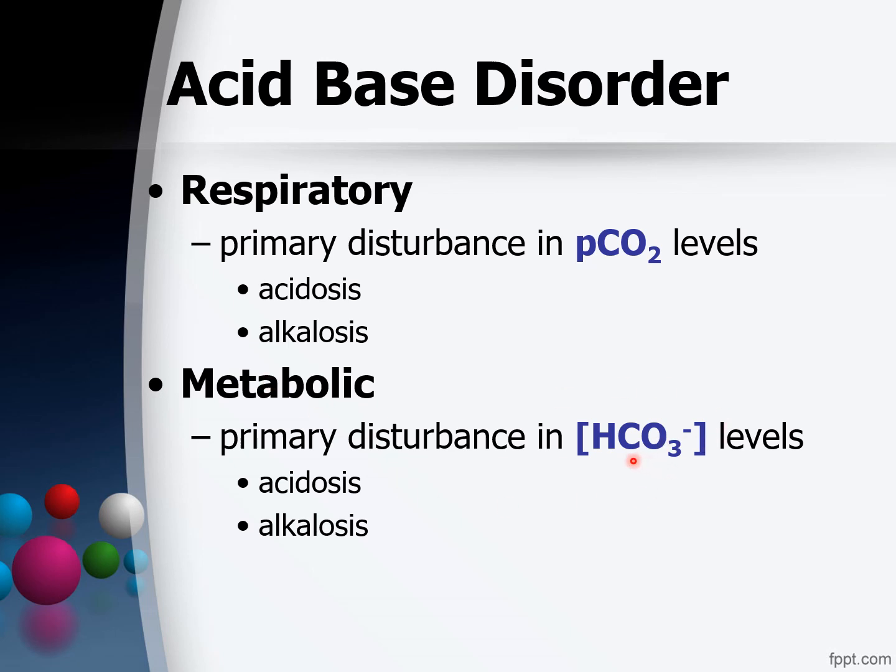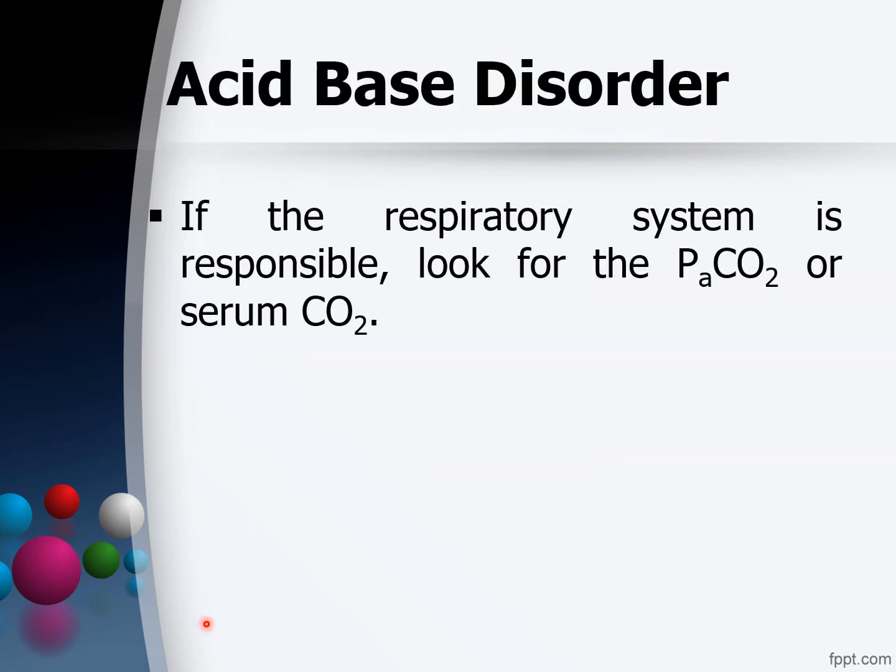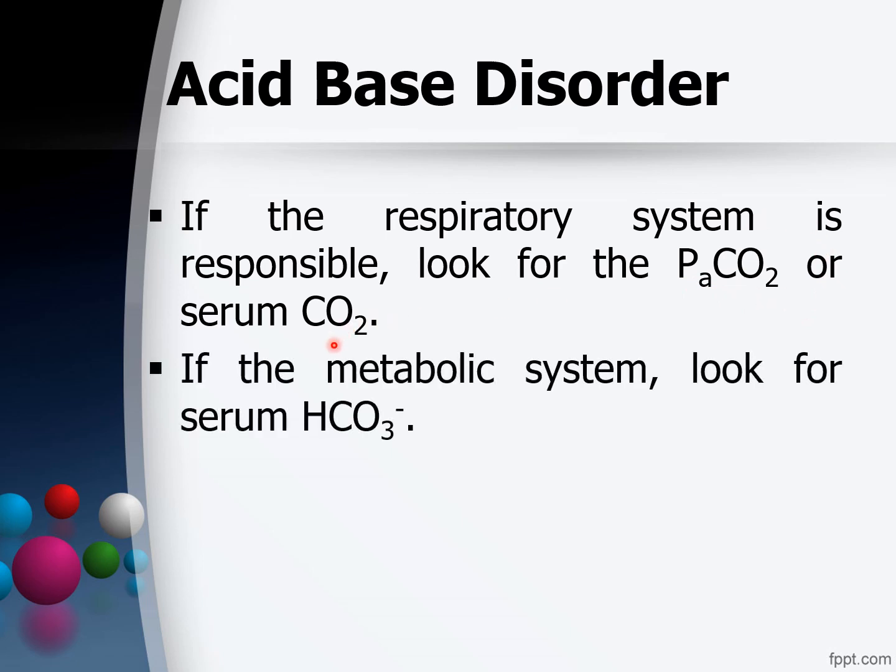So it could be metabolic acidosis or alkalosis. If the respiratory system is responsible, we must look for the partial pressure of carbon dioxide in the arterial blood or serum carbon dioxide. If it is on the kidney, we must look for the serum level of the bicarbonate.